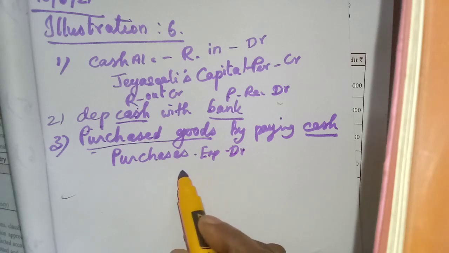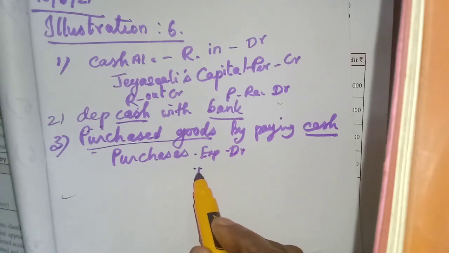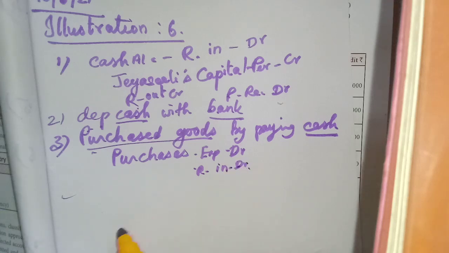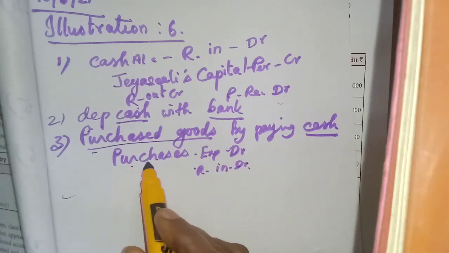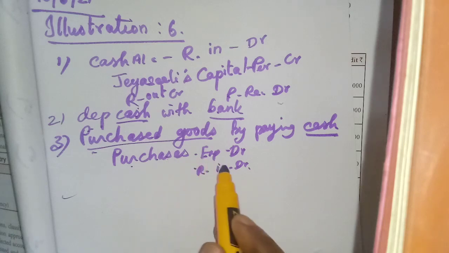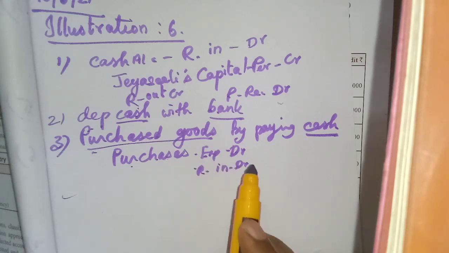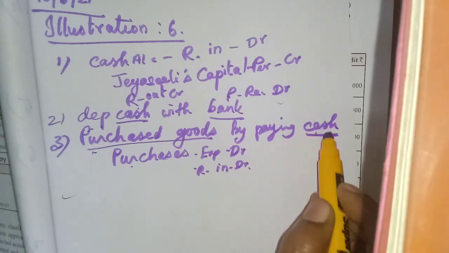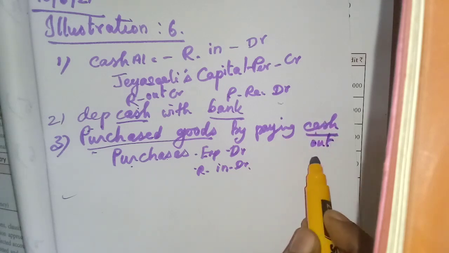If we take it as a real account, debit what comes in. So again the same, even if you consider purchases as a real account or a nominal account, both will be the same only. Then the cash: by paying cash, cash is going out, so we should credit.